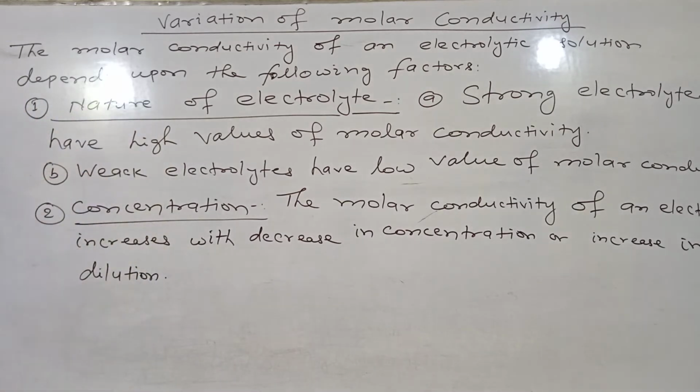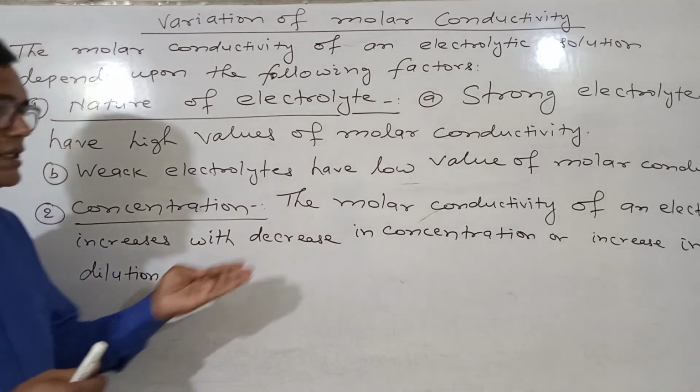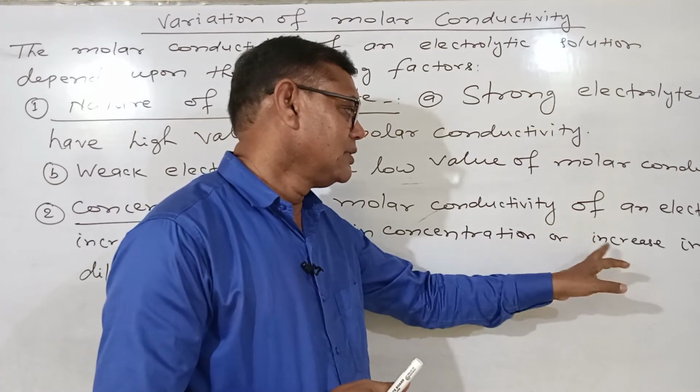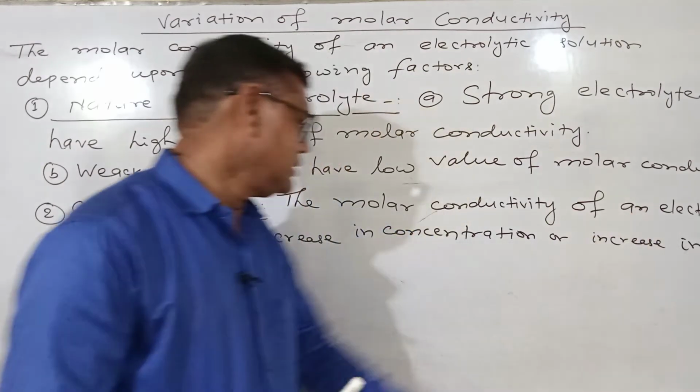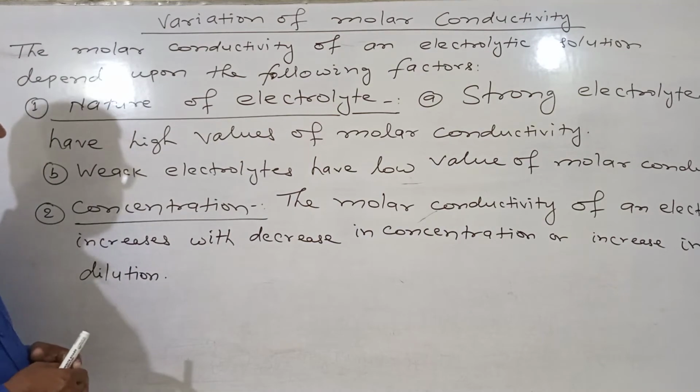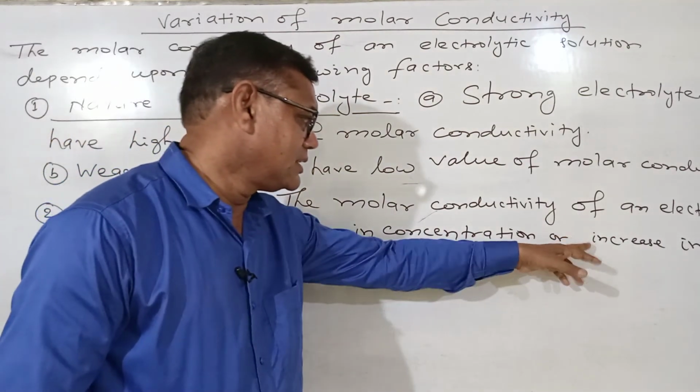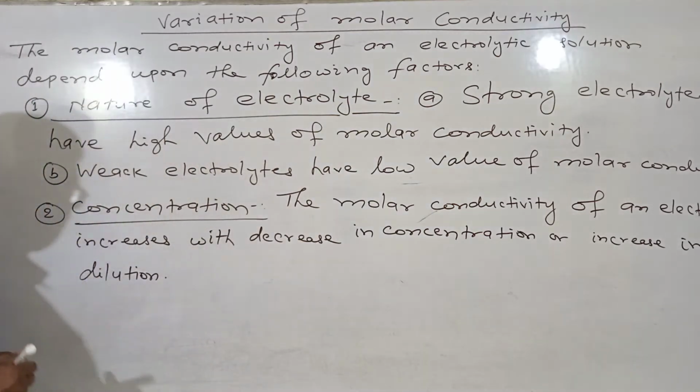We write molar conductivity of an electrolyte increases with decrease in concentration. In the second term, increase in dilution. Decrease in concentration means increase in dilution.